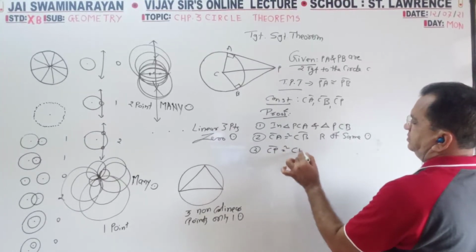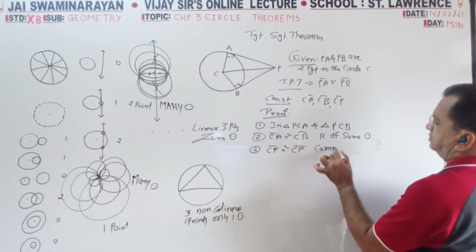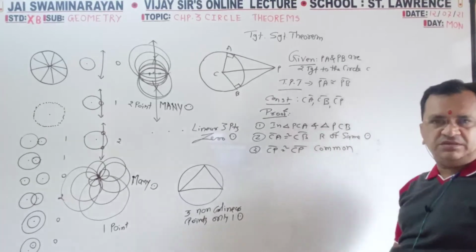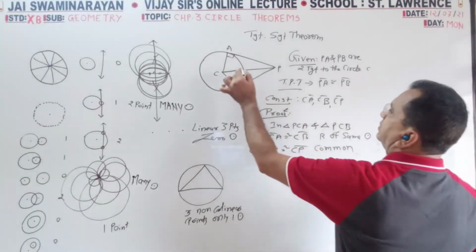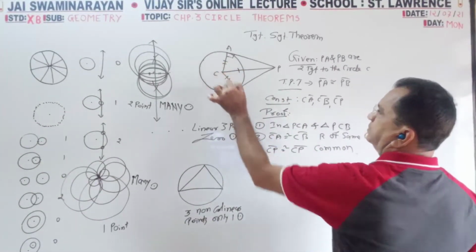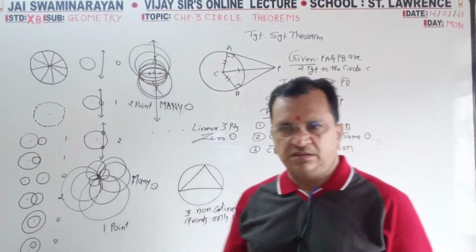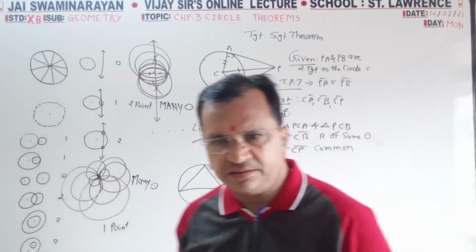CP is common. This is common. These two angles are 90.